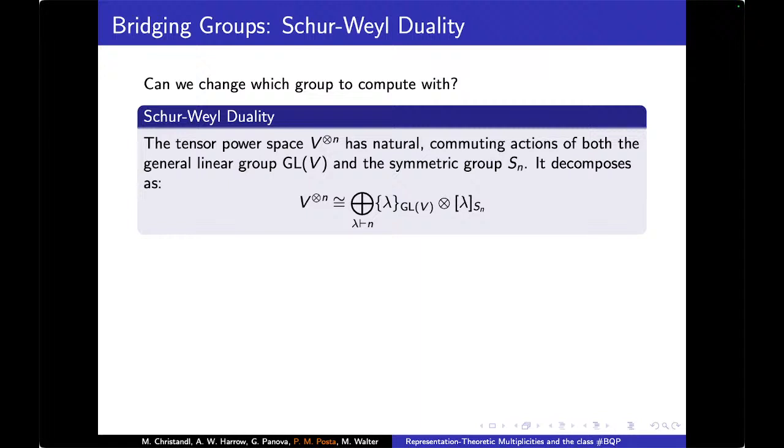The inverse of this unitary takes as input something that looks like this, so two spaces, one for the general linear group and one for the symmetric group. It will give you back this expression, but in terms of the computational basis of the space.